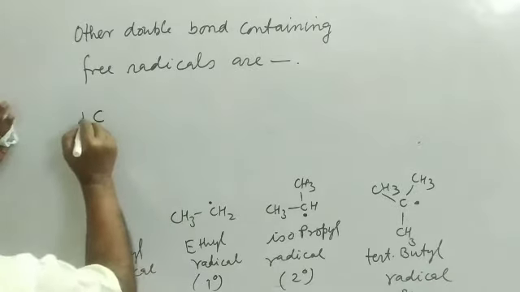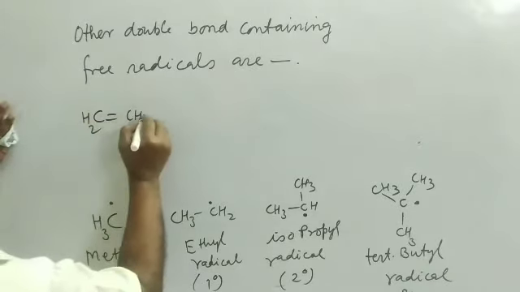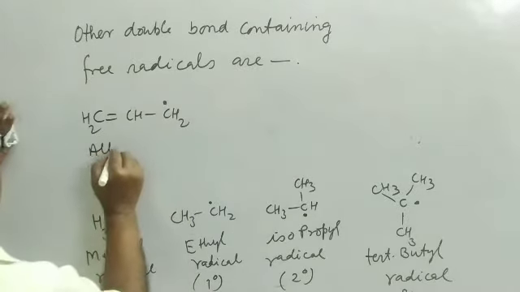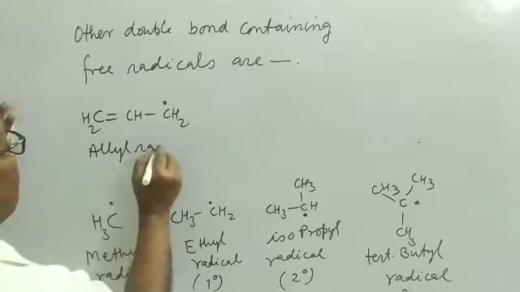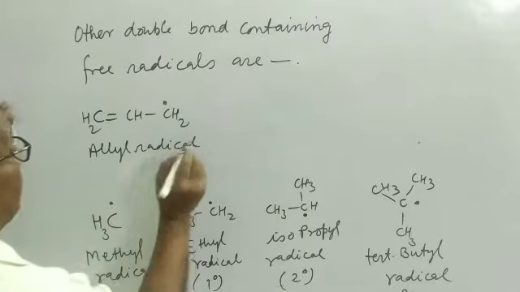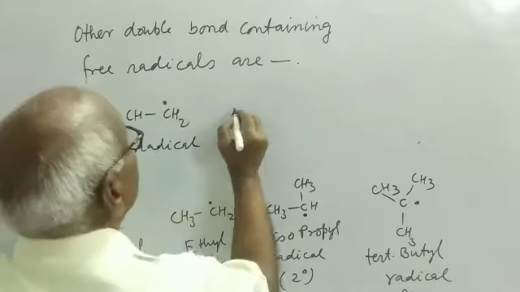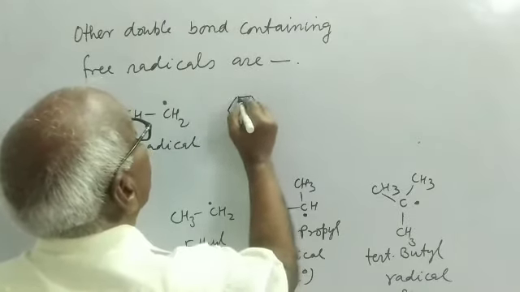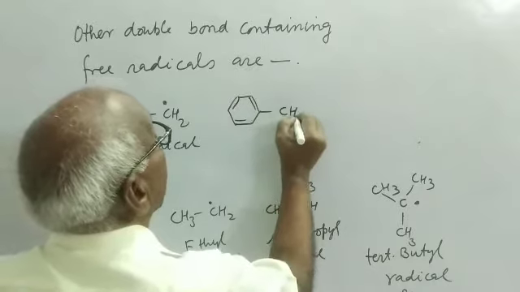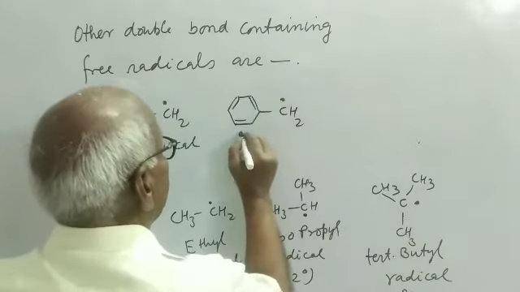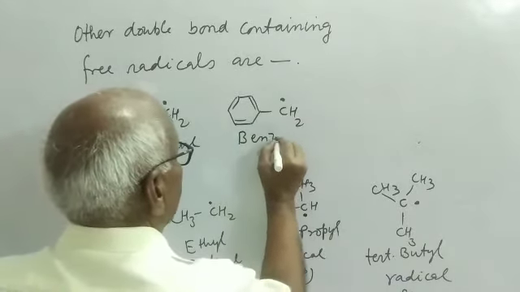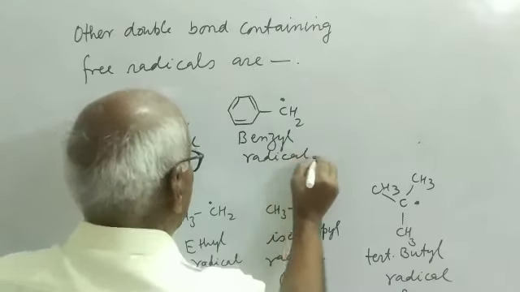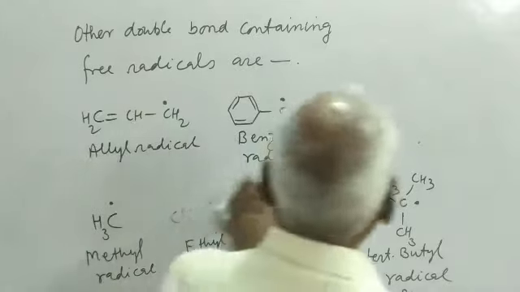This is CH2 double bond CH2, this is allyl radical. This allyl radical may be 1 degree, 2 degree or 3 degree. This is benzyl radical. This radical may be 1 degree, 2 degree or 3 degree.